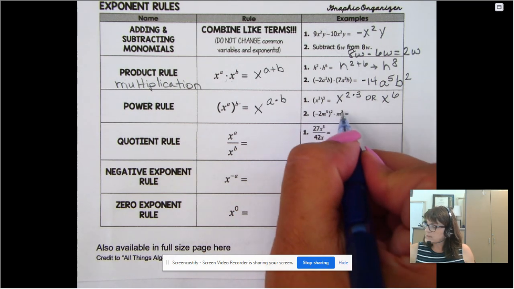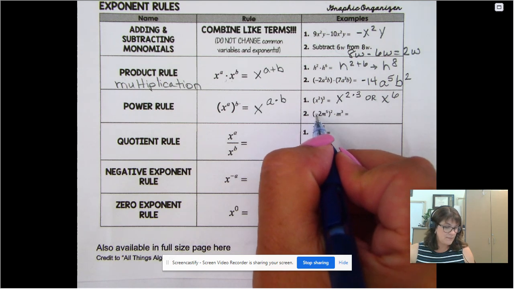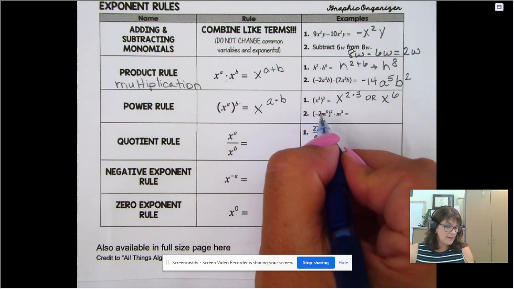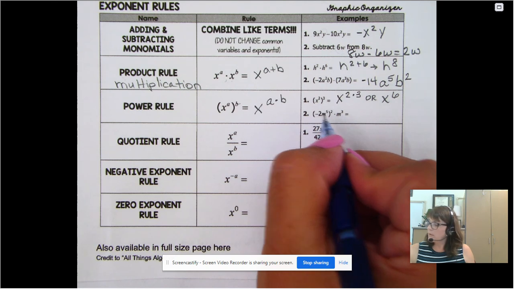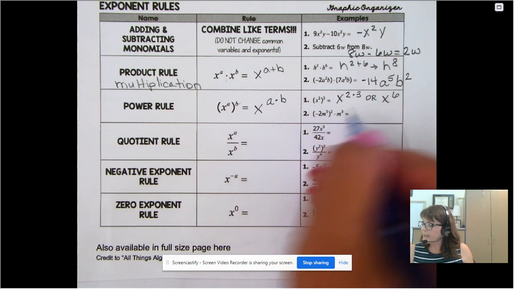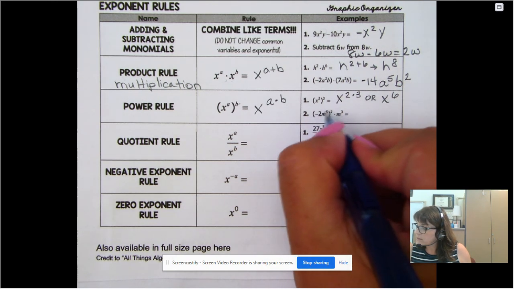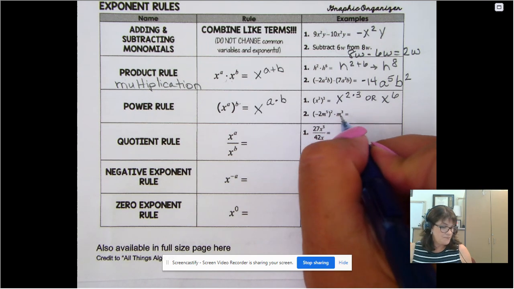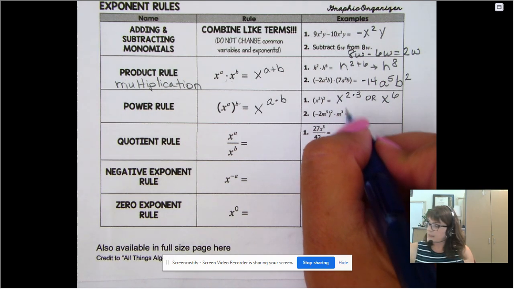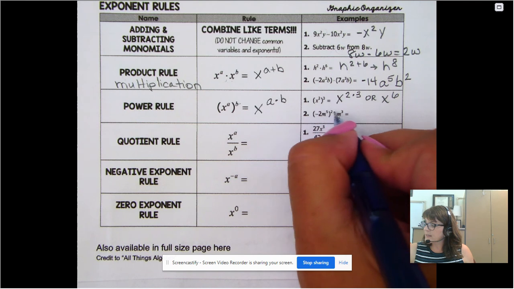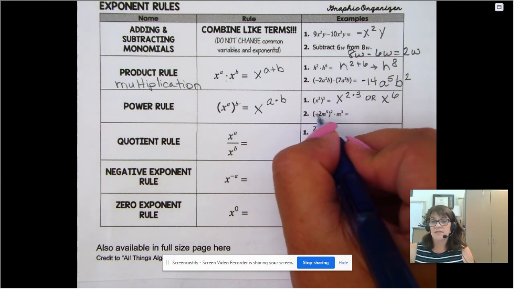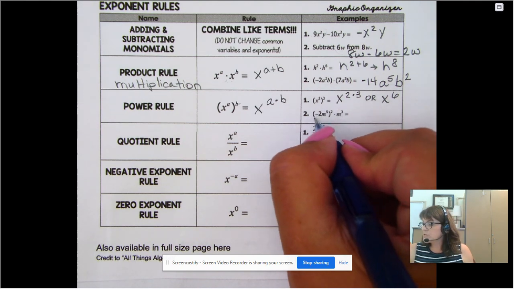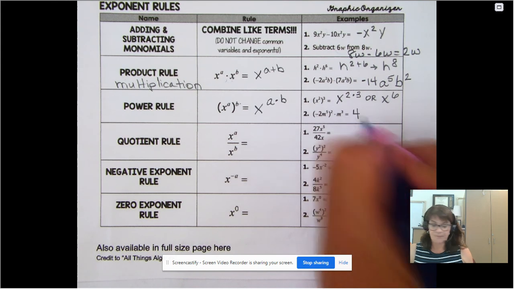Well, we have to raise everything inside, and also include this one over here. So first I'm going to do what's touching the parentheses. Okay, negative 2 to the 2nd power. We're going to assume this negative stays with the 2. So negative 2 times negative 2 is 4.